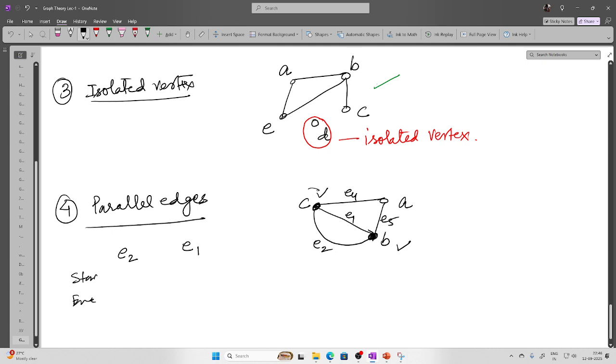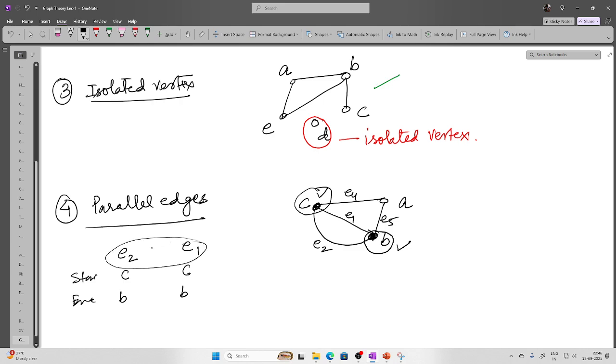If I consider this C as start, then for both E1 and E2, C is the starting vertex and this B is the ending or terminal vertex. So for both the edges, the starting vertex and the terminal vertex are the same. Therefore, they are called parallel edges. So remember, two or more edges are called parallel edges if their initial and terminal vertices are the same.